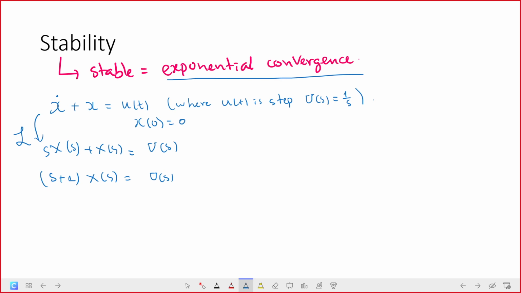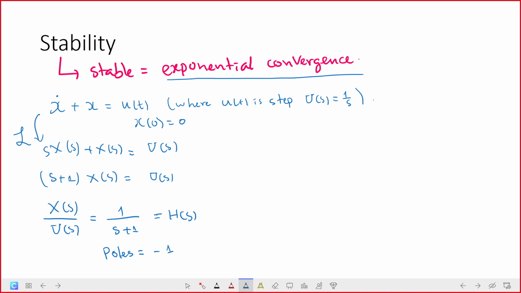I want to show the transfer function first. Then we have h of s over u of s equal to 1 over s plus 1. This is the transfer function h of s. Clearly we see that the pole is minus 1.